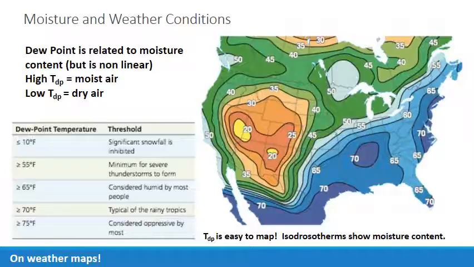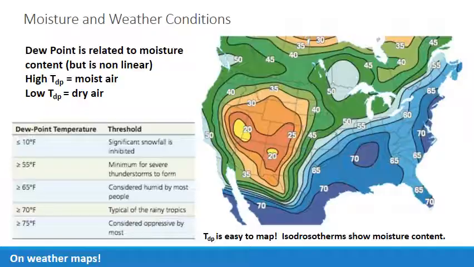So you know that when the dew point temperature is 25 degrees C, air contains about twice the water vapor as when the dew point is 15 degrees C, and 4 times that of an air with a dew point of 5 degrees C. And because that dew point temperature is a good measure of the amount of water vapor in the air, it commonly appears on weather maps, even though a lot of people don't really know what it means.